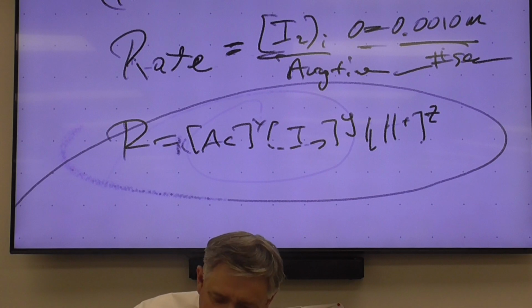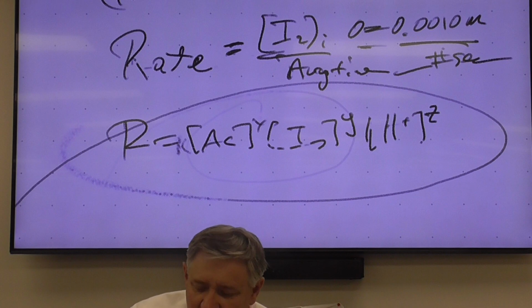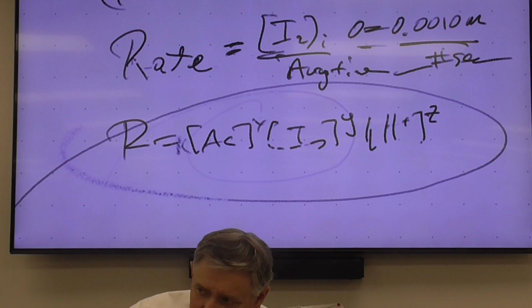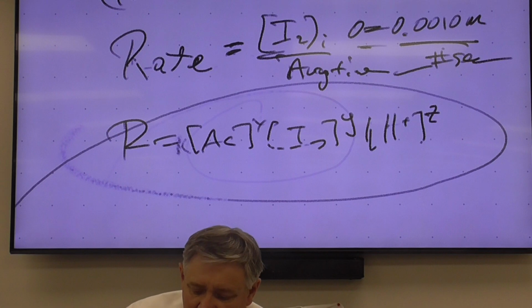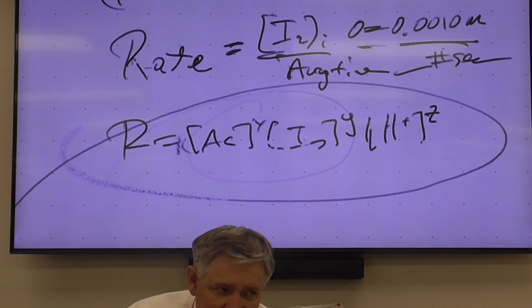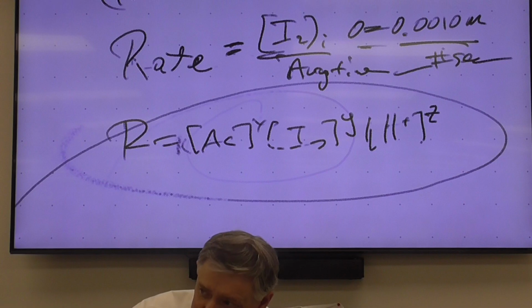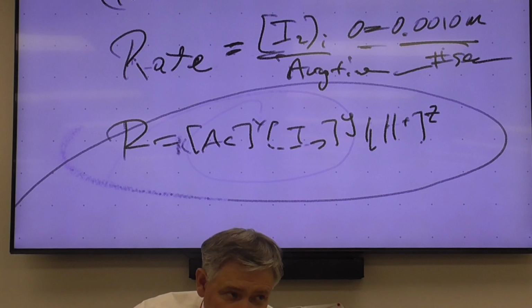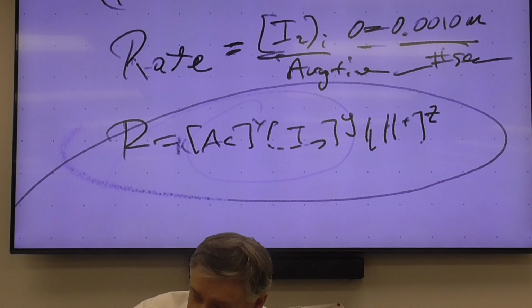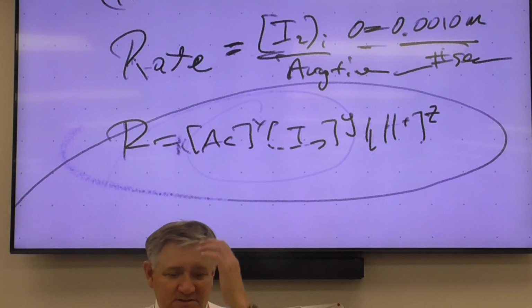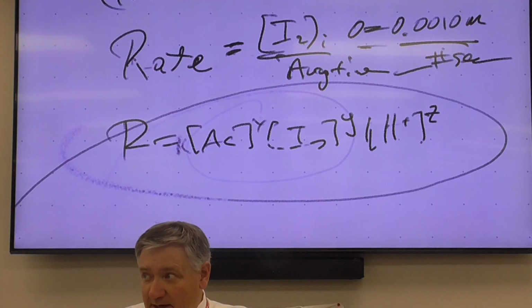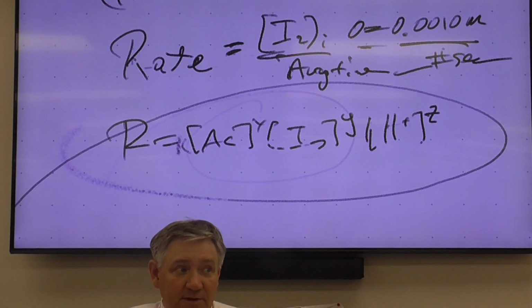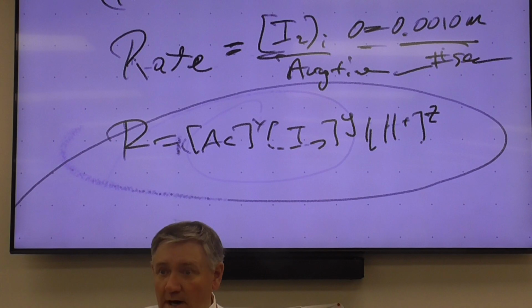95% of the time, this lab pretty much goes like it should. Every once in a while, and this is something Kevin brought up, it's related to temperature. This reaction is exceptionally temperature dependent, okay? If the temperature changes a little bit, that greatly affects your rate. So don't hold the test tubes that have the iodine in them in your hands, because the solution is going to warm up.